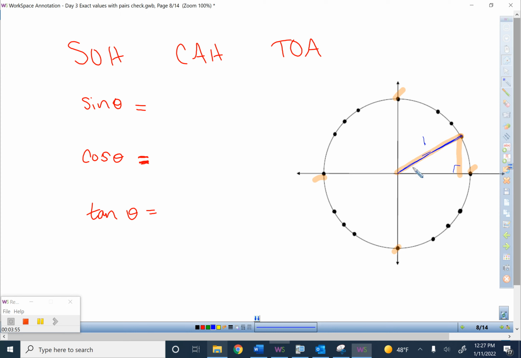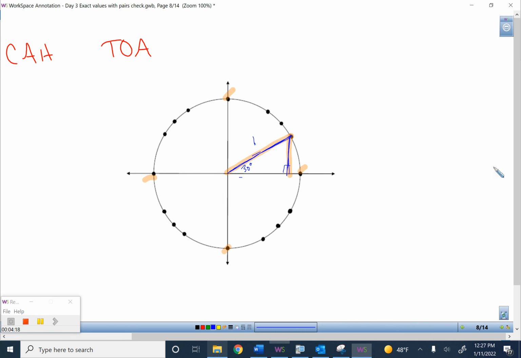So then, if this is my 30-degree angle by chance, then I know that I can work through this problem, sine, cosine, and tangent, using what I learned last time. I told you last time that these points were represented by cosine of the angle that gets you there, in this case, cosine of 30.